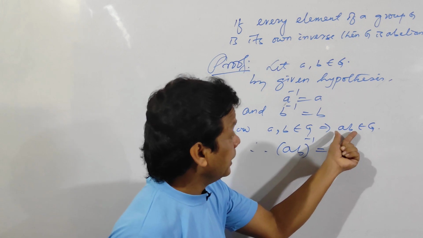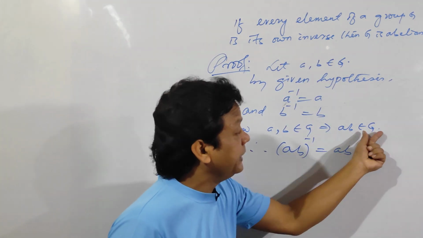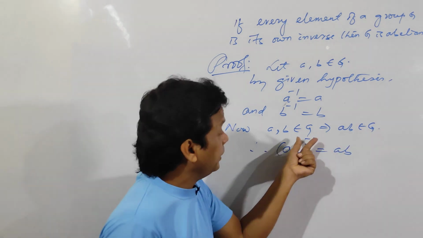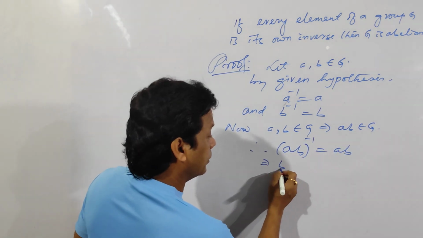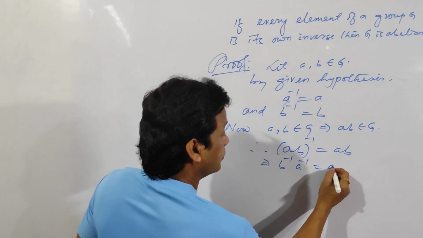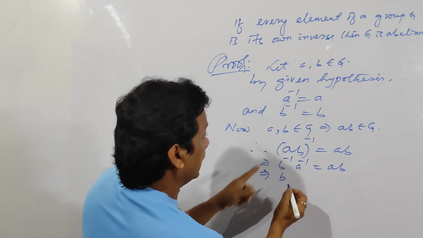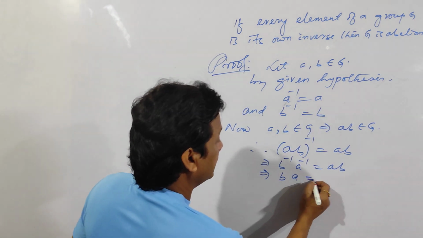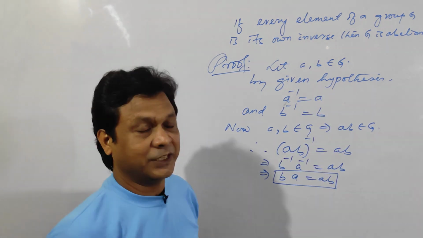Is that clear to you? Every element of a group G is its own inverse. Since A into B is an element of G, A into B whole inverse must be equal to A into B. Now apply the reversal law: B inverse A inverse is equal to AB. Now what is B inverse? It is B. And what is A inverse? It is A. So BA is equal to AB. This is the commutative axiom, and hence G is abelian.